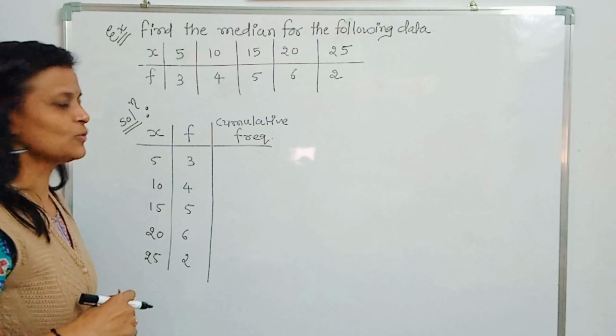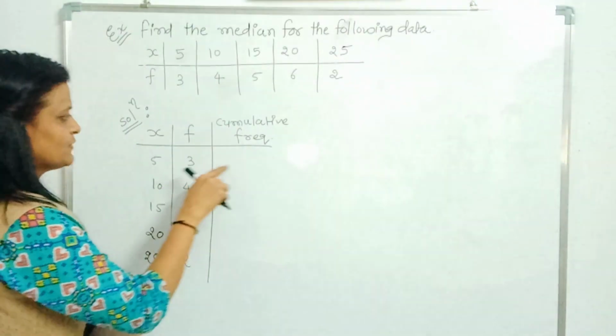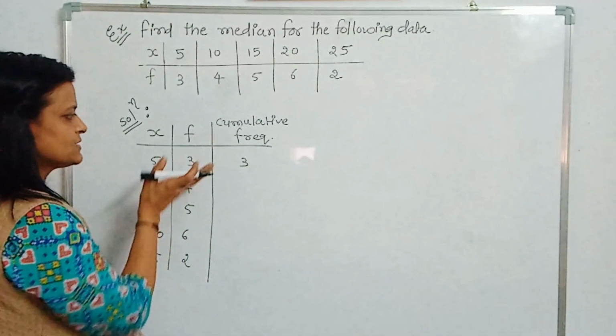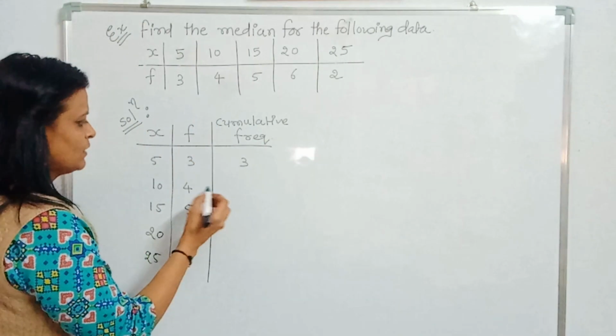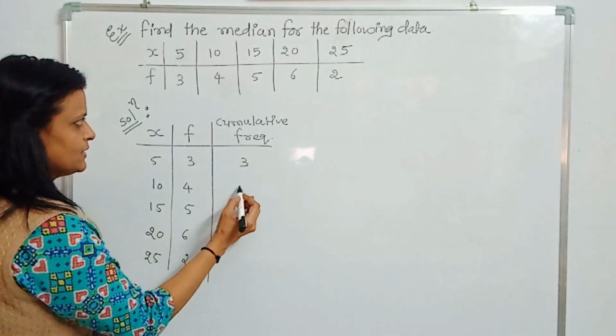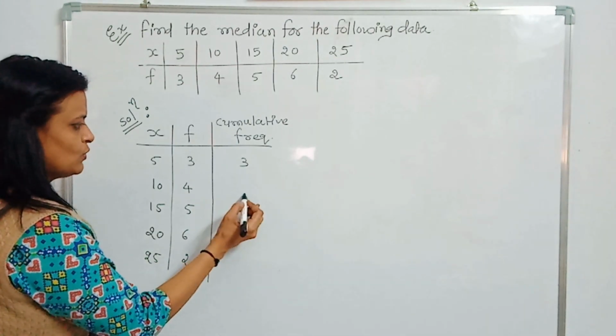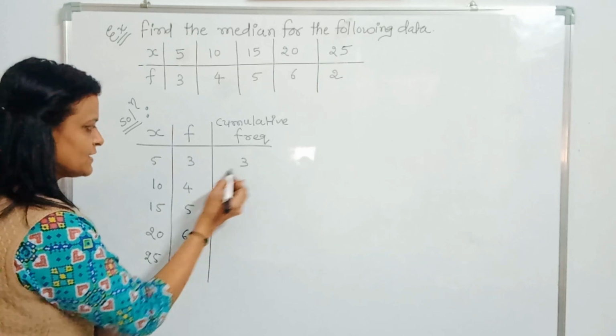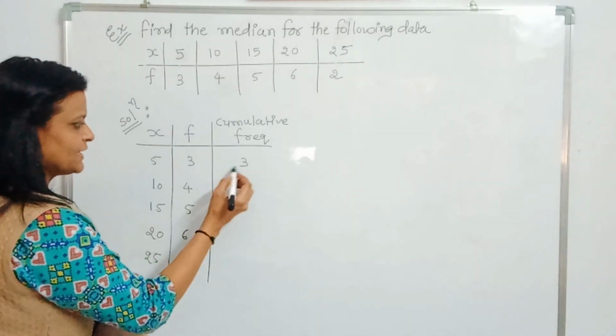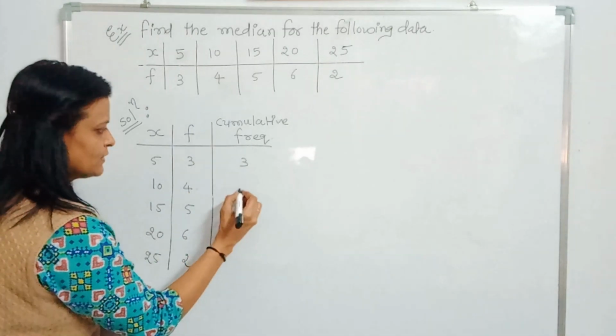So how to find out cumulative frequency? So first frequency will keep as it is as no other data is given previously. Now to find the cumulative frequency of second row, we have to add the previous cumulative frequency with the recent frequency, that is 4. So 3 plus 4 is 7.